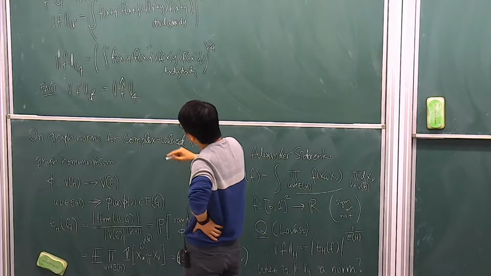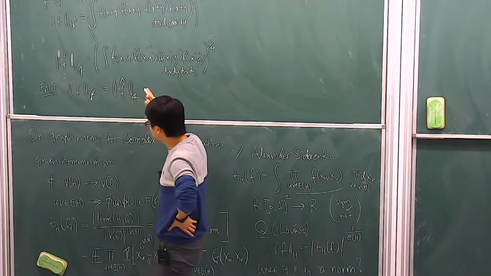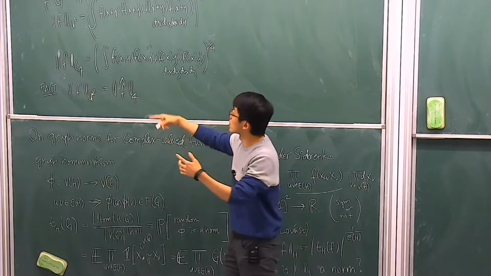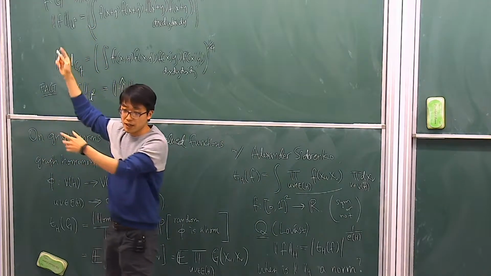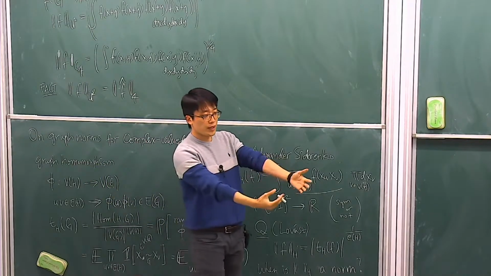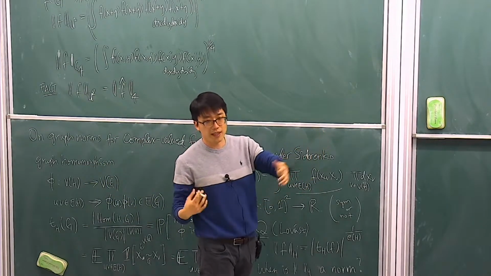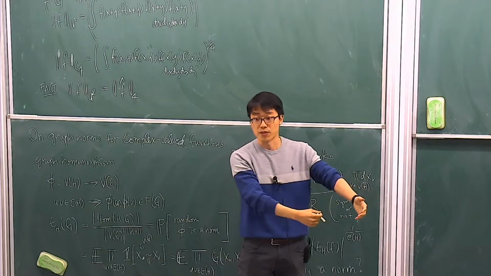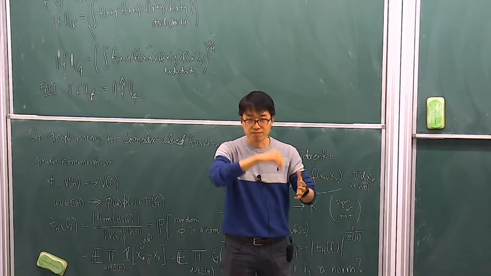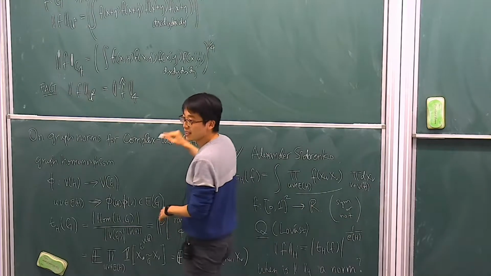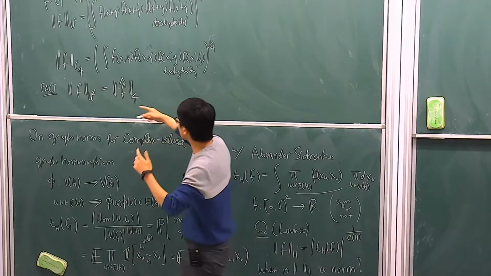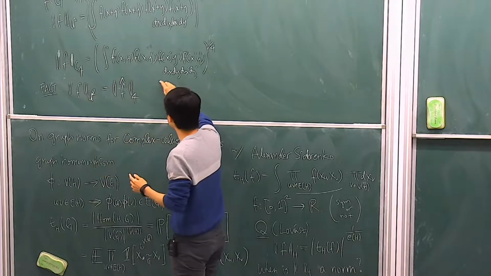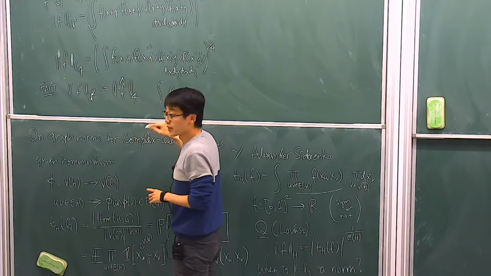But the thing is, when you do this Fourier transform for functions, even for real valued functions, it's quite likely that you get a complex valued function. No, the 4 norm is the L4 norm itself.